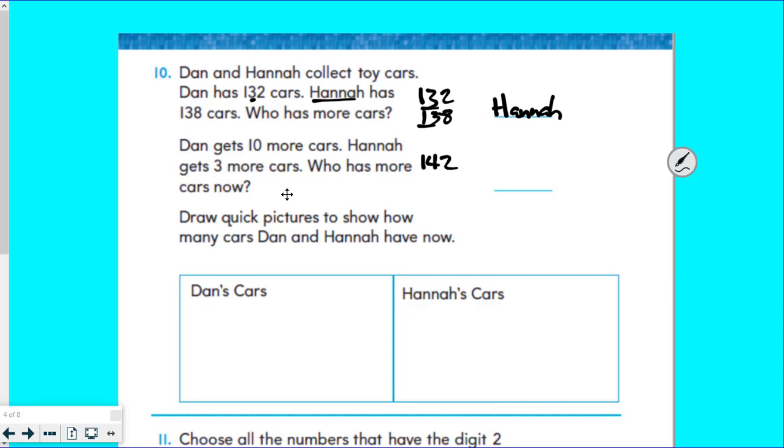And Hannah gets 3 more. So counting up, right, from 138, 138, 139, 140, 141. Okay, so, right, 141. That's how many Hannah has now. Okay, so this top number is larger. Guess what? Dan has more cars now. So Dan. Draw quick pictures to show how many cars Dan and Hannah have now.